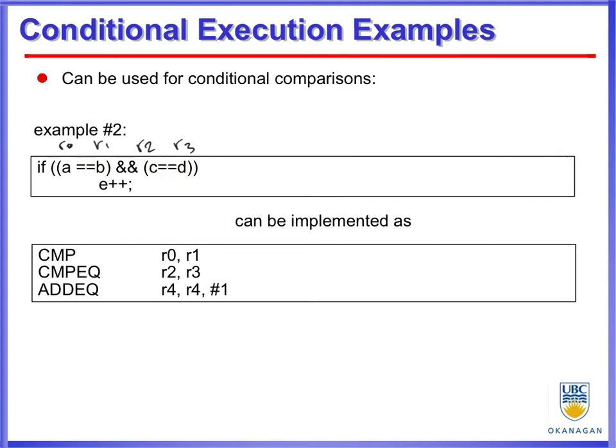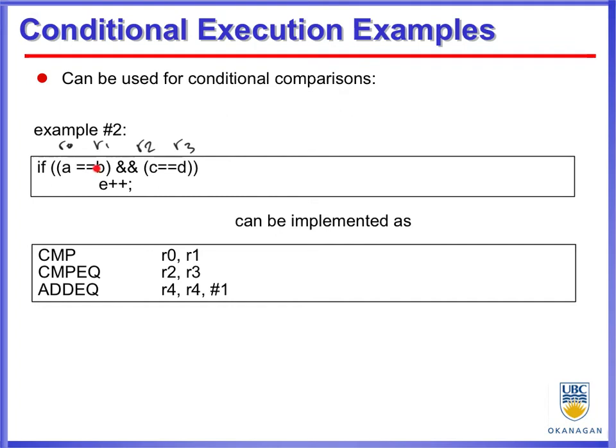Because false ANDed with anything is false. So if the computer does this comparison first and these are not equal, it doesn't even do this. Same thing here. If R0 and R1 are not equal, it doesn't even bother comparing R2 to R3. Same thing is happening in the assembler code, okay?